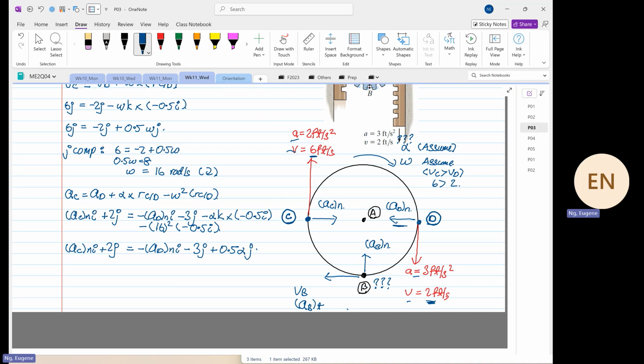So 16 times 16 multiplied by 0.5, and then minus minus plus 128. And then this is just our I value.